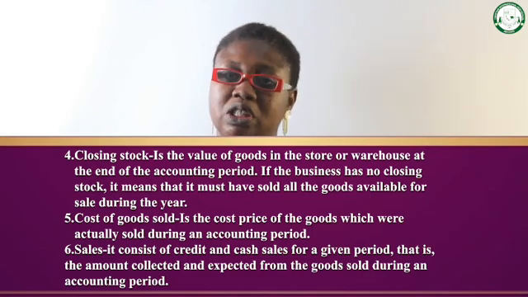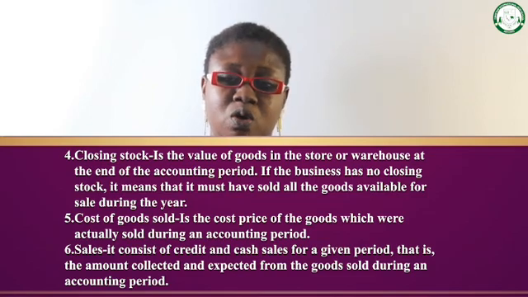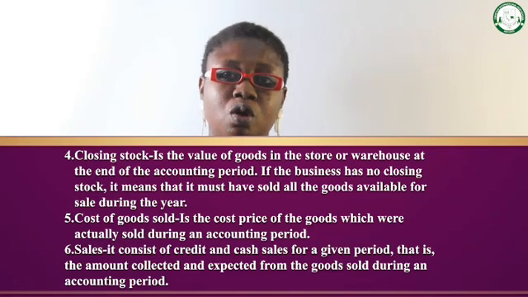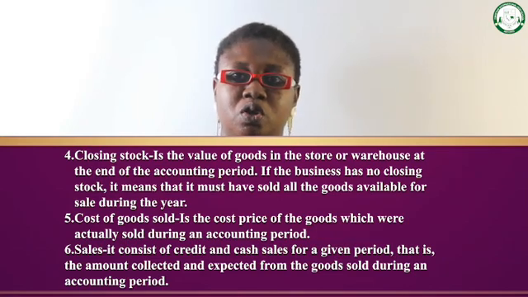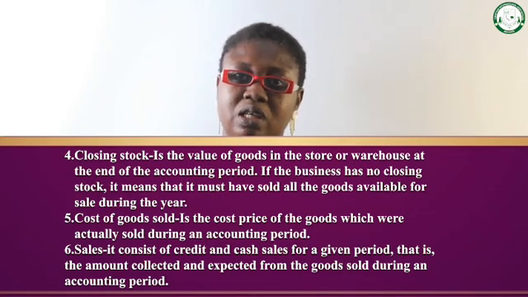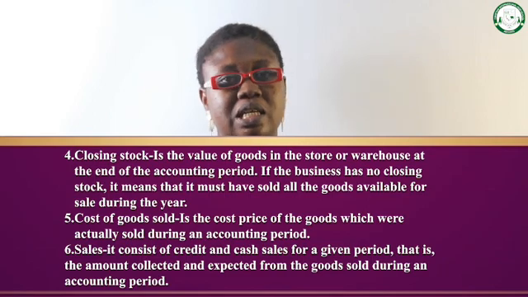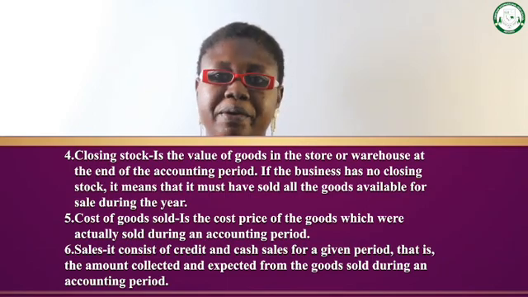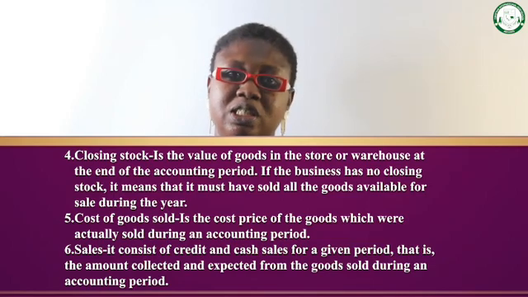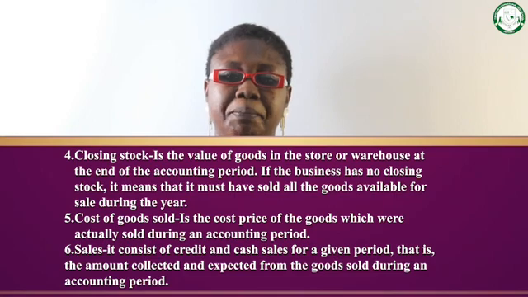Now in sales, when you are having transactions stated as your workable question, you'll see sell or sold some goods for a certain amount. When you see sales or sold goods, you interpret it as sales when preparing your accounts, and we'll define sales to consist of credit and cash sales for a given period.